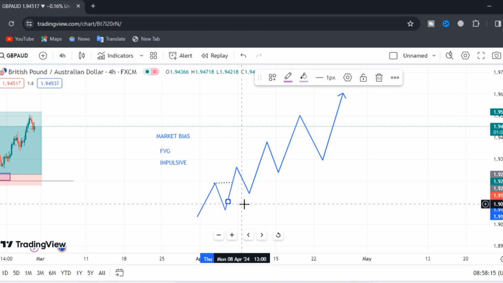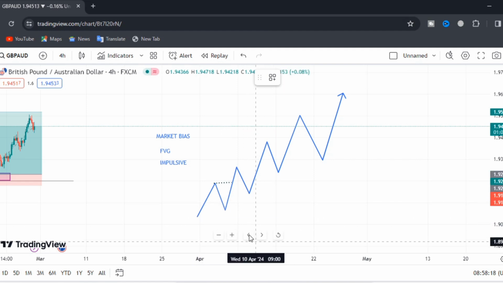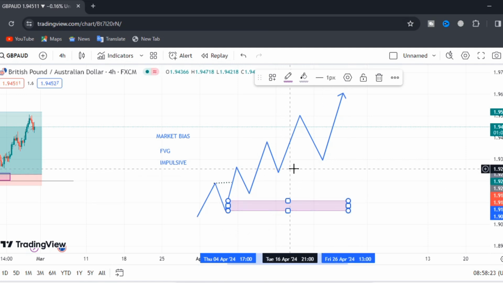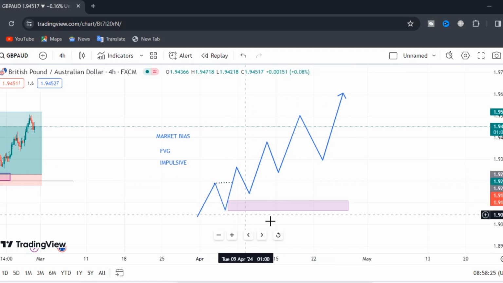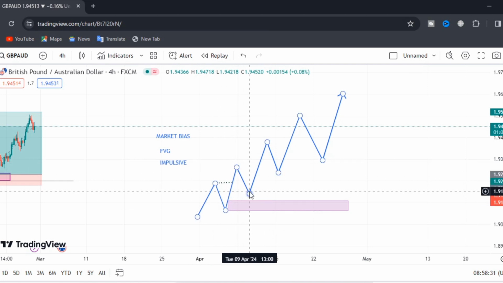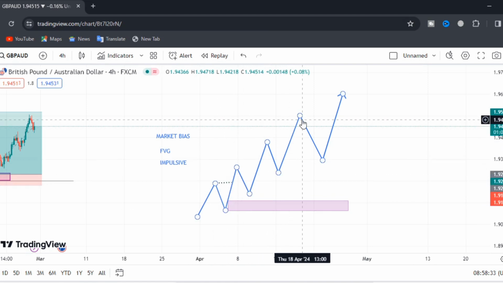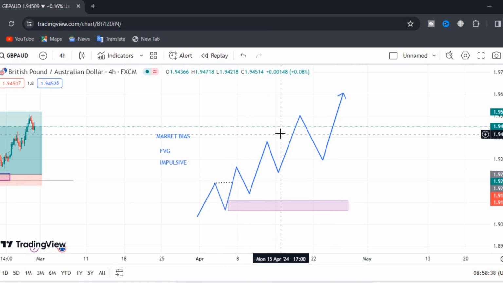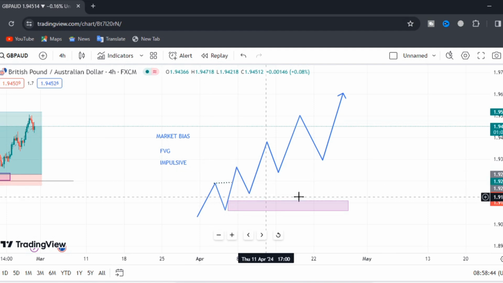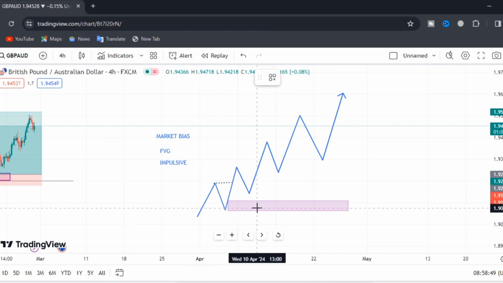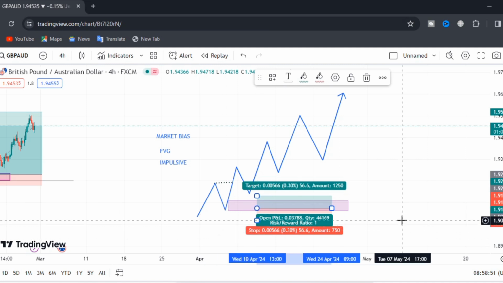And also the market has to be so impulsive, as you can see here with these impulsive moves. There are correction moves and impulsive moves. After identifying all those things, you'll be able to enter the market from any order block you have gotten.